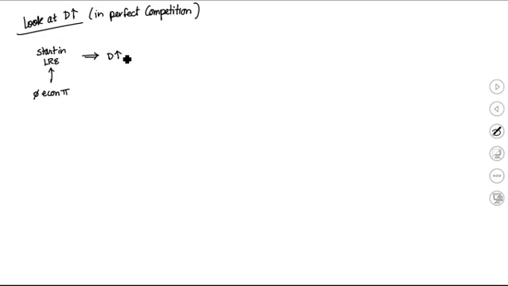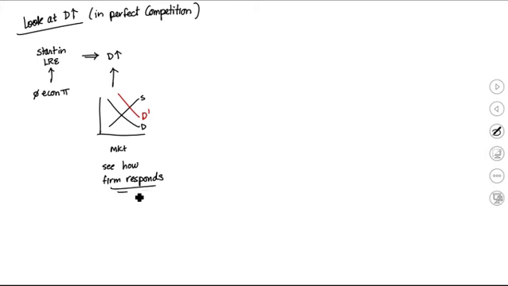Now, we know how to draw this, right? In the market, we're doing exactly what we've done before. We're increasing our demand curve. But what we want to do is see how the firm responds. And that's what we're going to go over.